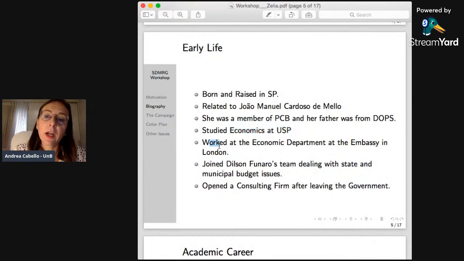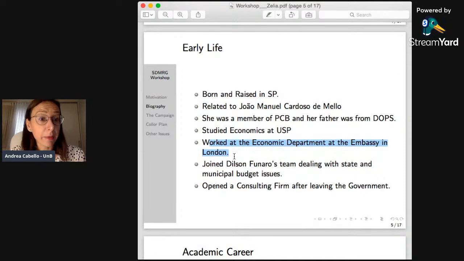She worked at the economic department at the Brazilian embassy in London, when Roberto Campos was the ambassador there in the early 80s. At this time her connection with journalism was enhanced, because she had many friends at Folha de São Paulo, among the journalists stationed in London at the time. This gave her a different perspective on how economics was done, or how to sell herself, I would put it that way.